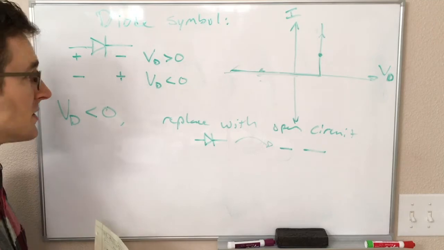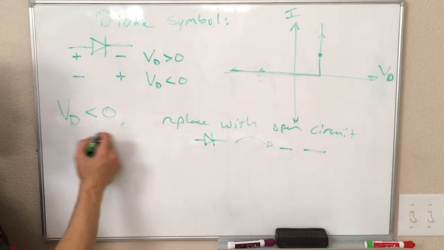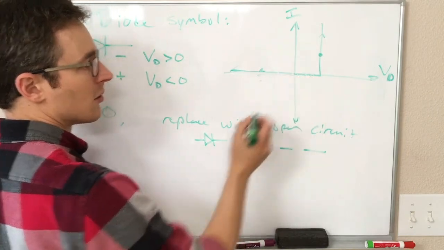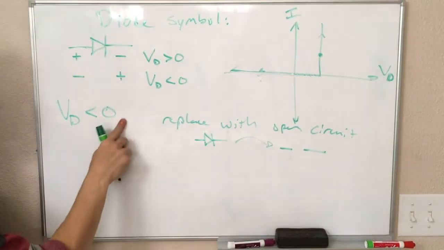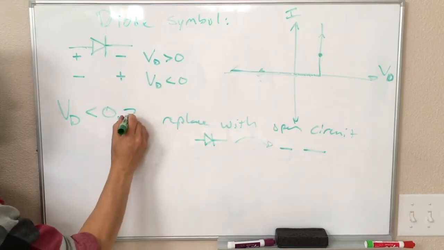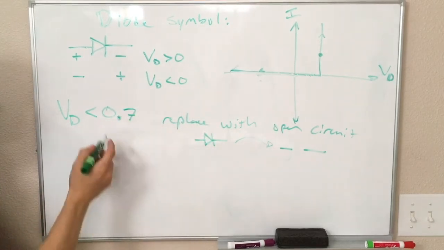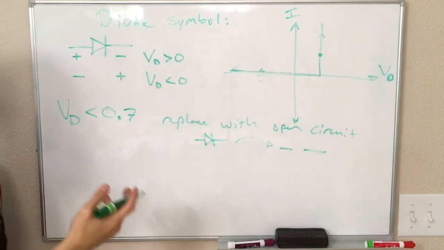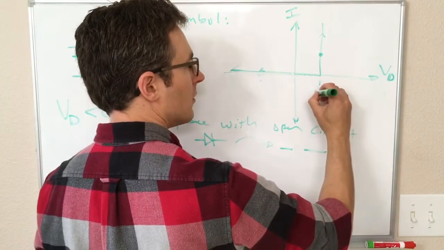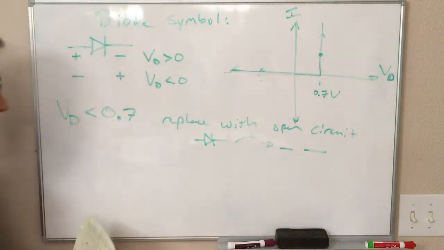In fact, this is not just true if this is less than 0, because we can go to 0 and even above 0, and we still have 0 current. So in fact, this is true for any voltage below whatever our turn-on voltage is. For a silicon diode, which is what we're going to assume here, it would be anything below 0.7 volts.